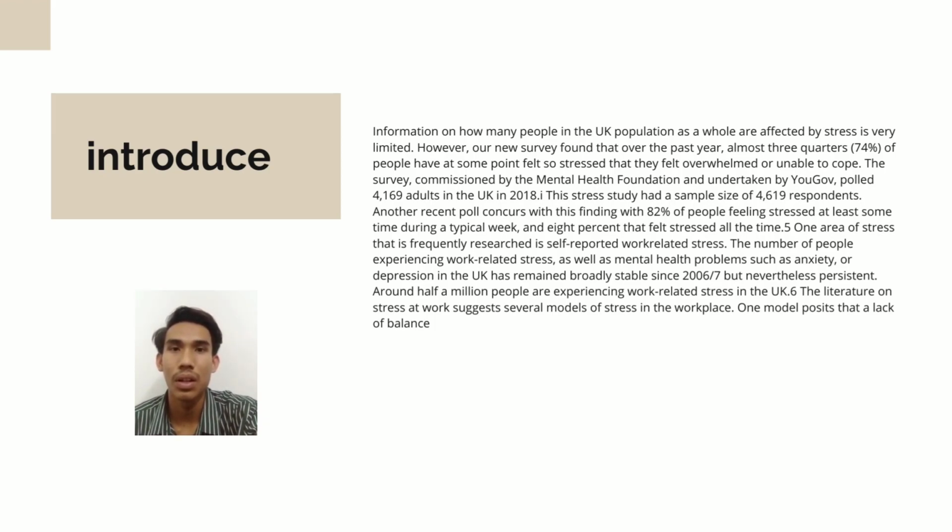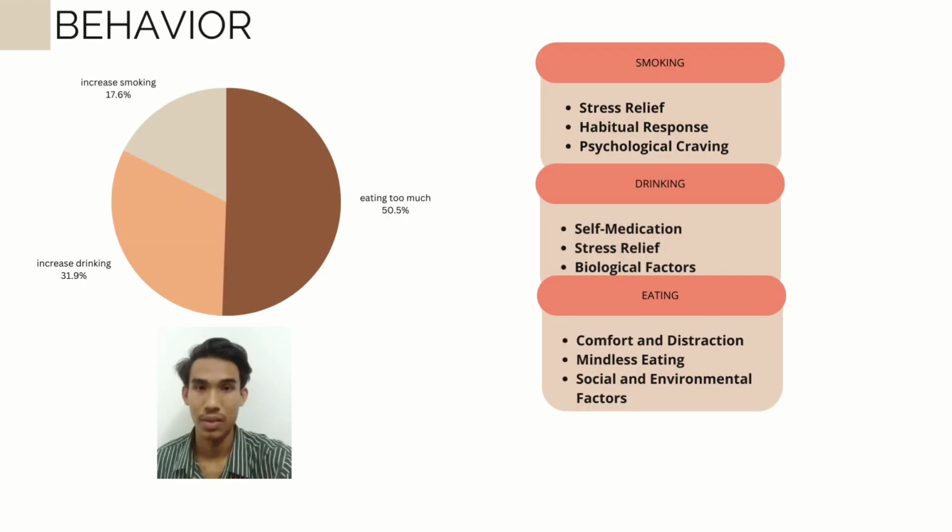Around 500,000 people are experiencing work-related stress in the UK. The literature on stress at work suggests several models of stress in the workplace. One model posits that a lack of balance.